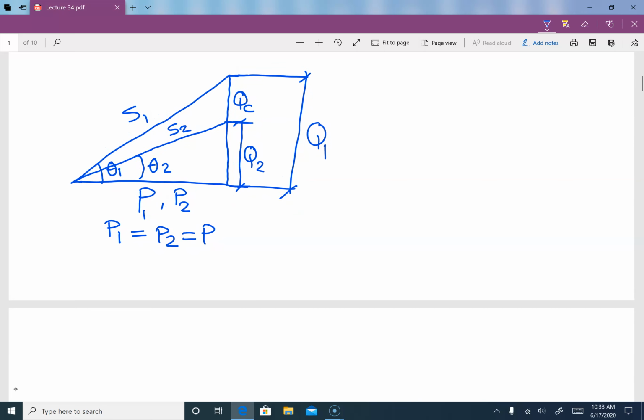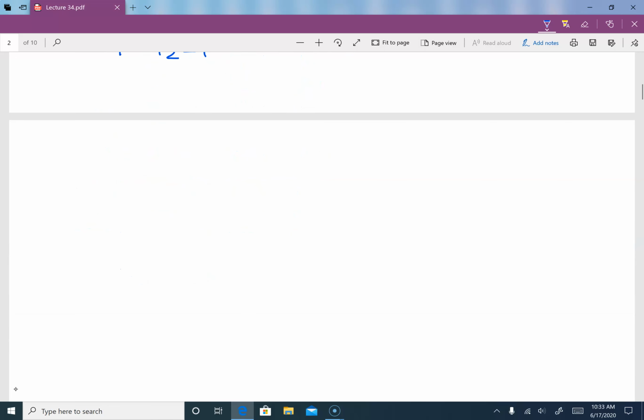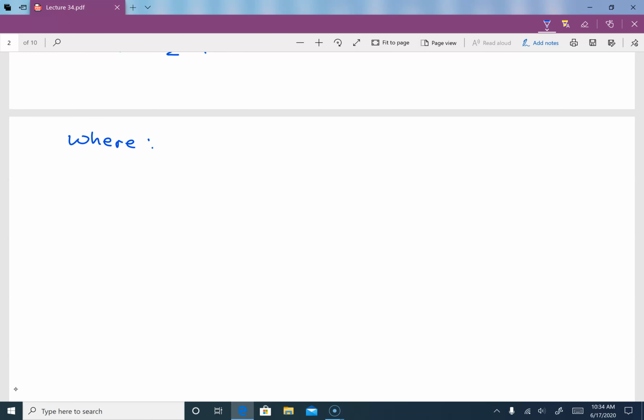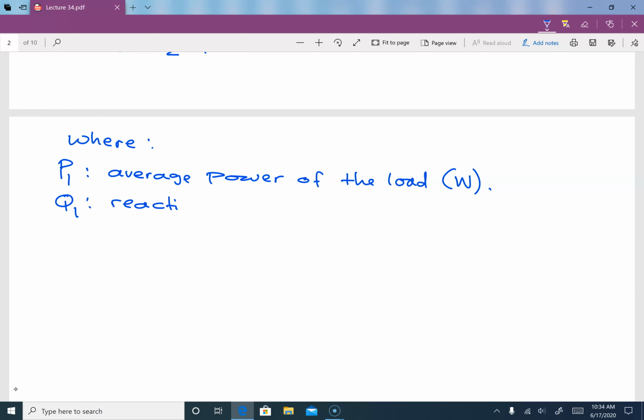So now let us define these values here, where the first one is P1, average power of the load, and that is in watts. Q1 is reactive power of the load, and that is in volt ampere reactive.